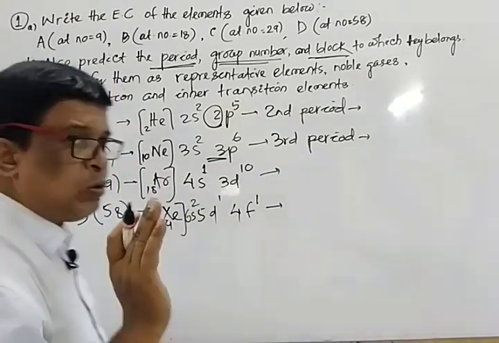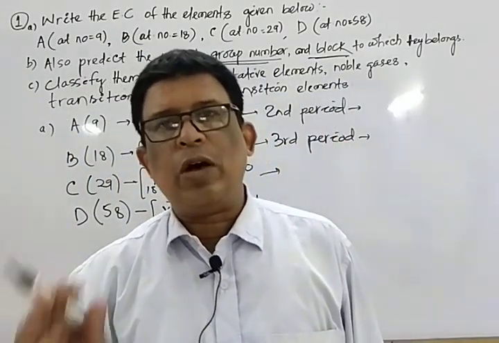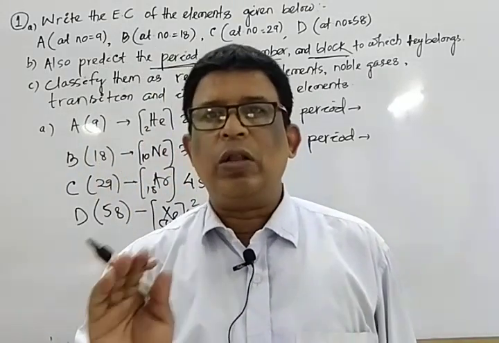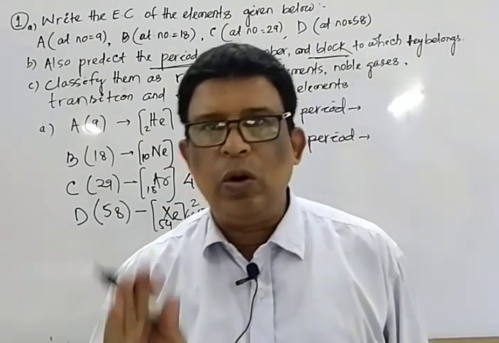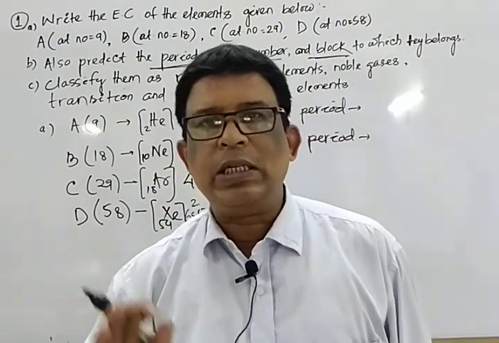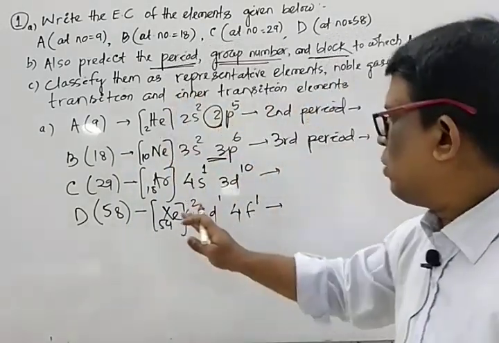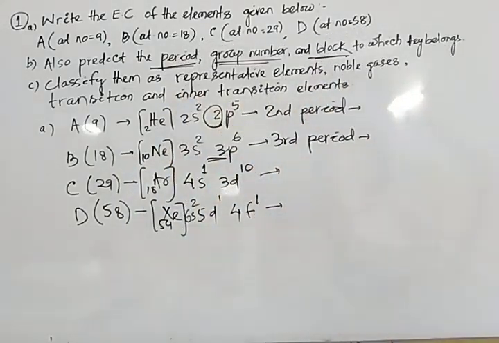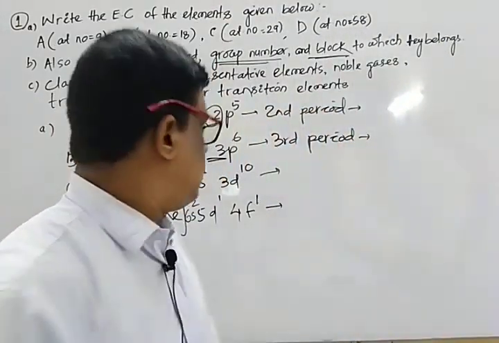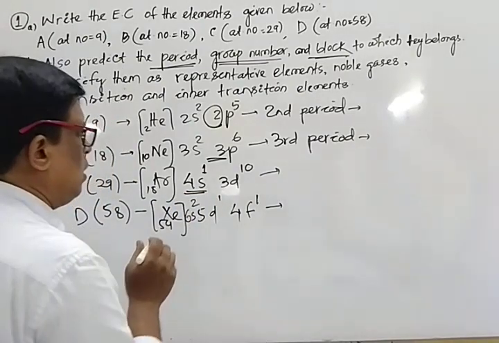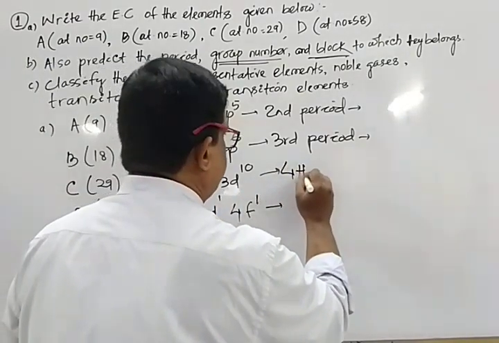There are two types of electronic configuration, one on the basis of energy and one on the basis of shell. While writing the electronic configuration, we always follow increasing energy, not the shell. So on the basis of energy, the last electron enters 4s, so it is fourth period.